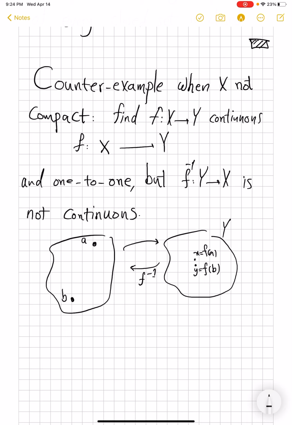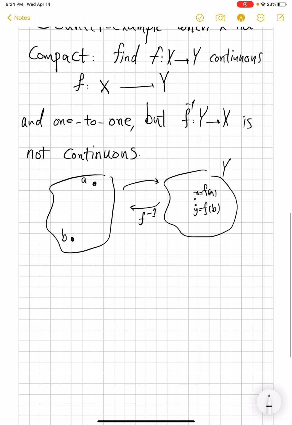And by looking at smaller neighborhoods, this problem cannot be mitigated, so that you keep having nearby points in Y, so that f inverse separates them inside the metric space X.